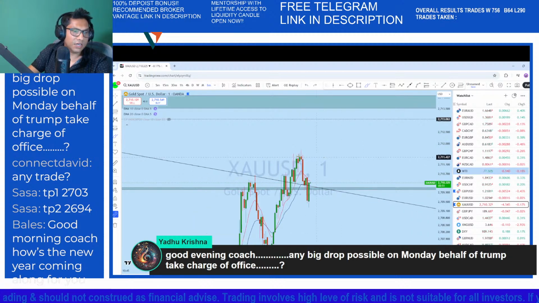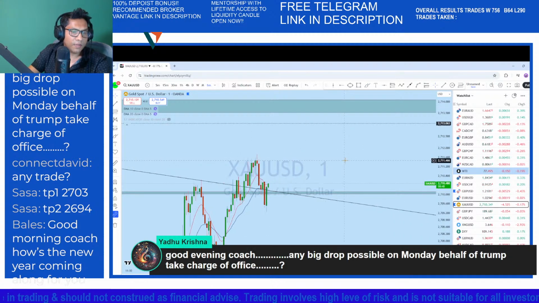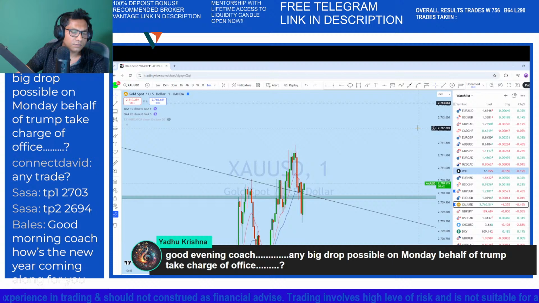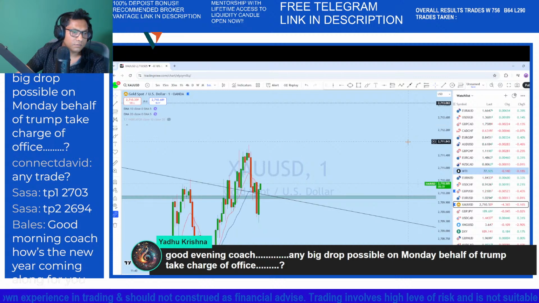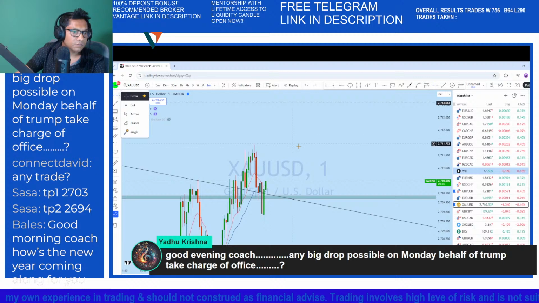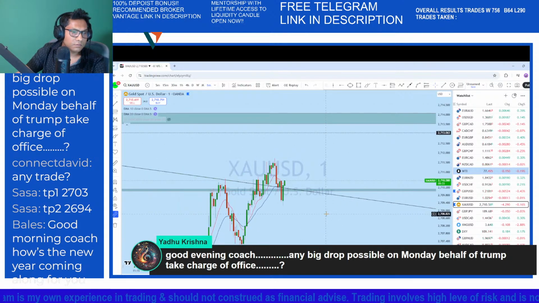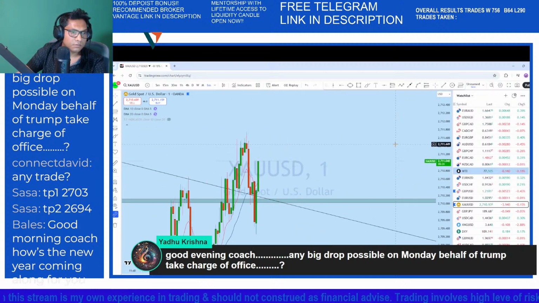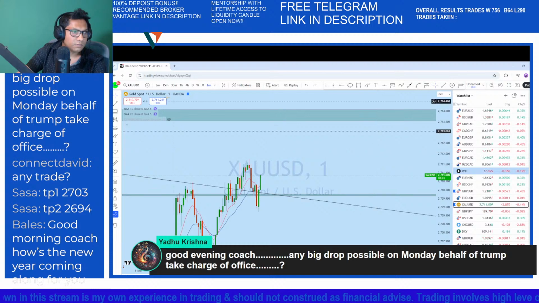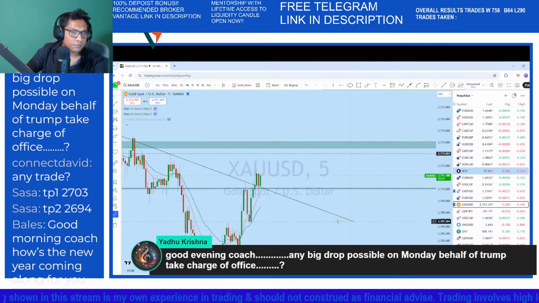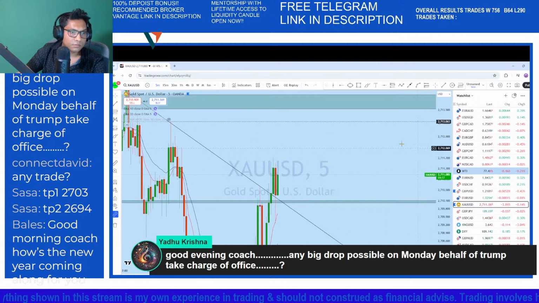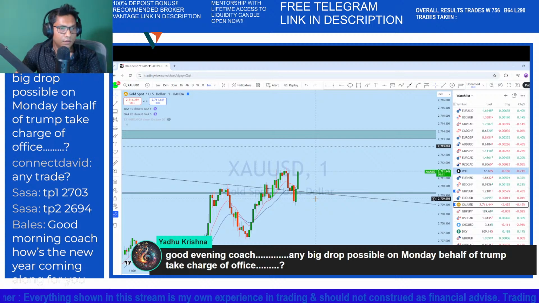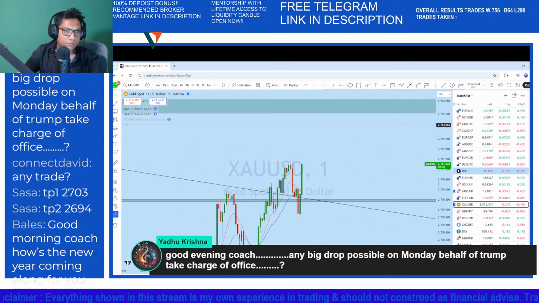We may see the price is breaking above and then to create a new higher high. You can see a bullish price action here.